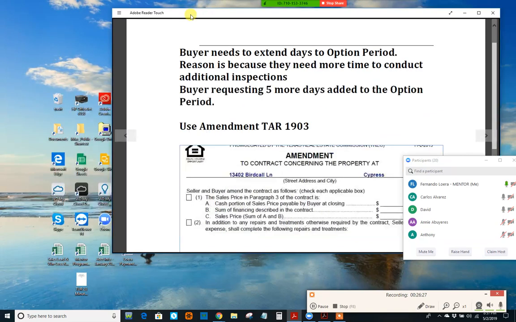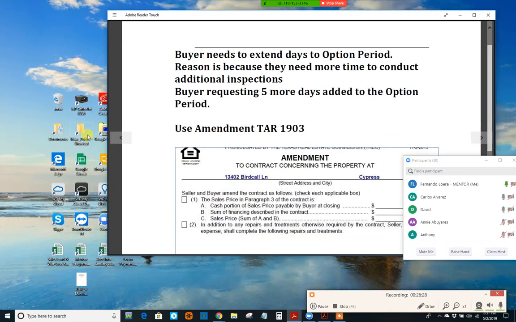Oh, that one is called inspection form, and let me see. It's inspector information, TAR 2506. That's the form that you use. There are two check boxes. One says will be conducting inspection, and the other one says will not be conducting inspections.